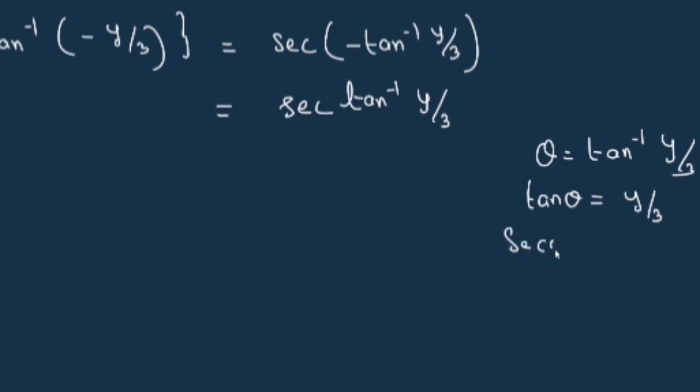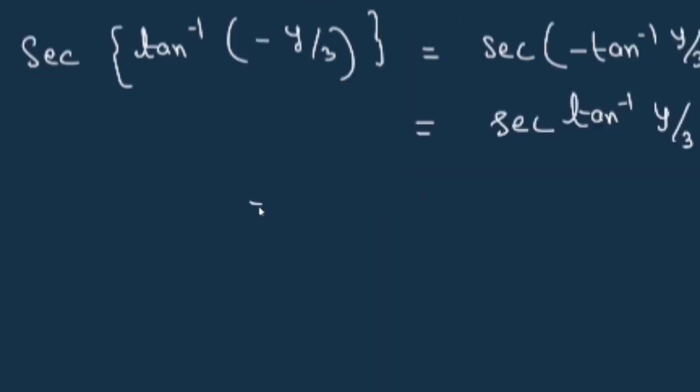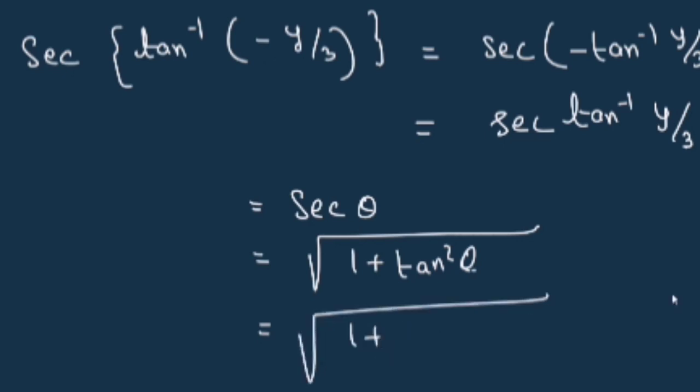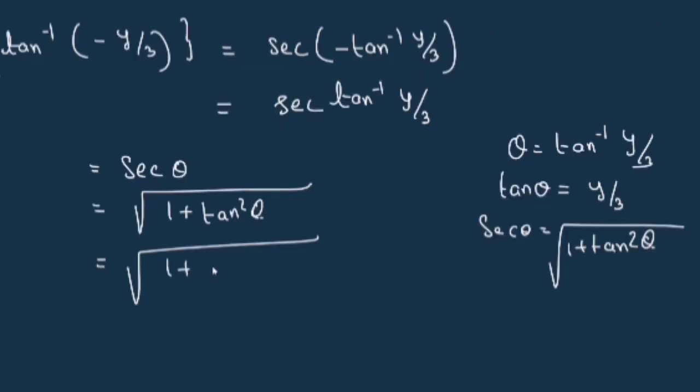What is secant theta? You can use the triangle and find it, or you can use 1 plus tan square theta. Here we have taken tan inverse as theta. So secant theta is root of 1 plus tan square theta, that is root of 1 plus y square by 9.